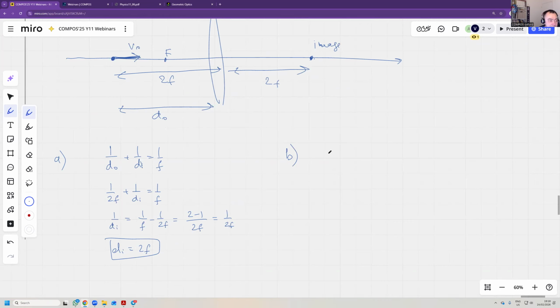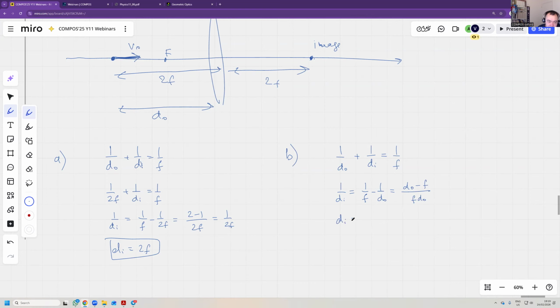To do this, we write the equation 1 over d0 plus 1 over di equals 1 over f, and I'm going to express di in terms of d0. 1 over di is equal to 1 over f minus 1 over d0, and that's d0 minus f over f d0.